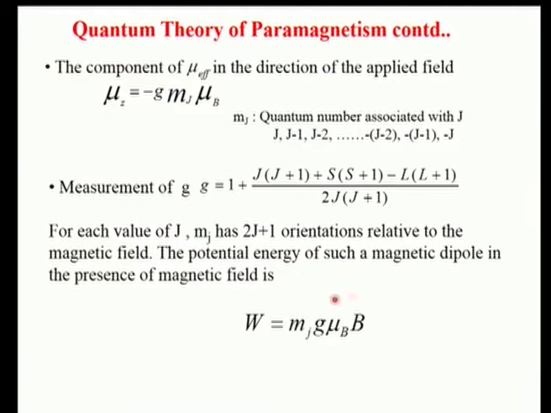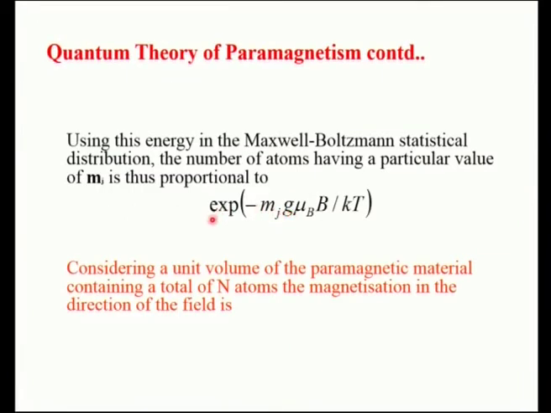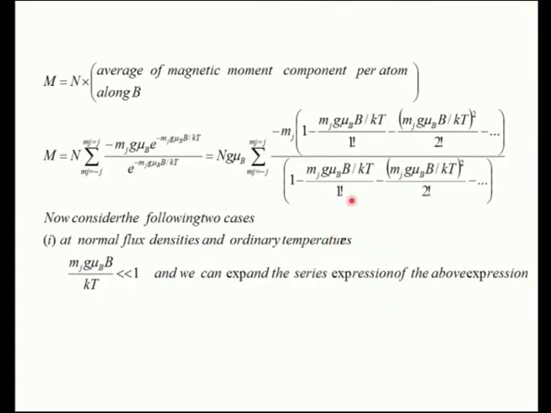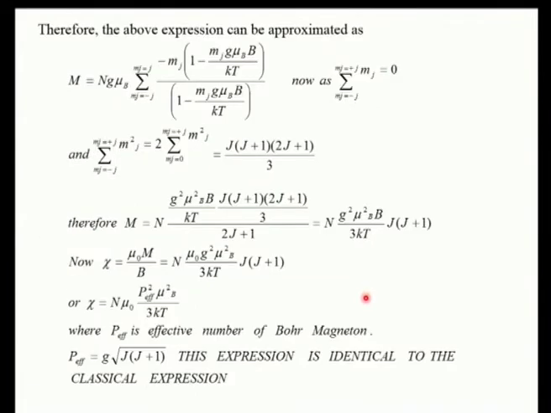Then W, the interaction energy, in terms of g mu B is written like this for the jth electron, and we can now go for the Boltzmann statistical function and write W by k B T with these values, carry out a similar integration, and finally work out chi to be like this.